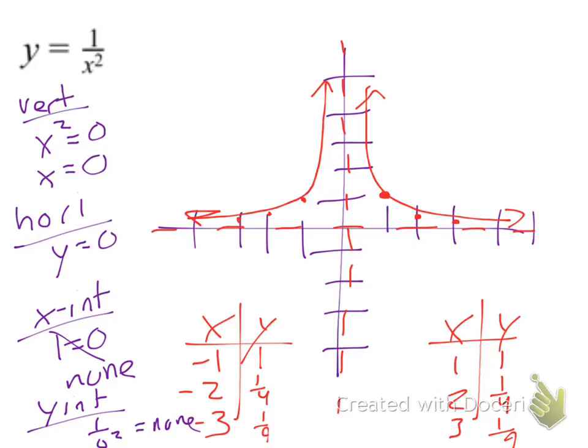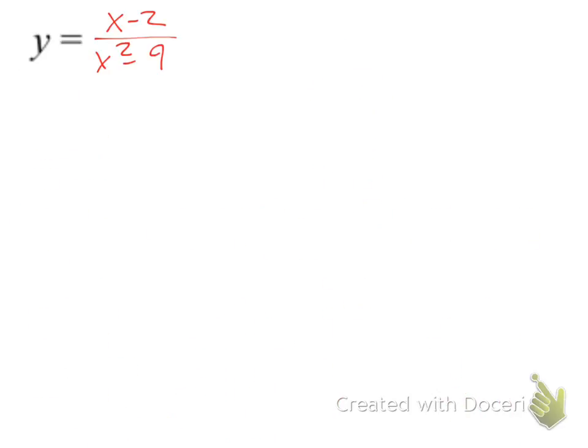Okay. I want to change up the next problem to make it look a little more different so we can see a bit of the intercepts going on as well. I changed it from what the outline says, but I made it x minus 2 divided by x squared minus 9. Can you guys see that the top degree is what? 1.